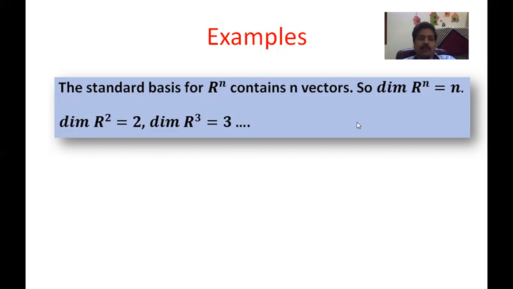So the dimension of R2 is 2. Similarly, the dimension of R3 is 3. Here the vectors in the standard basis are e1, e2, e3, where e1 is 1, 0, 0, e2 is 0, 1, 0, e3 is 0, 0, 1. You can form the basis for R3 using 3 linearly independent vectors.